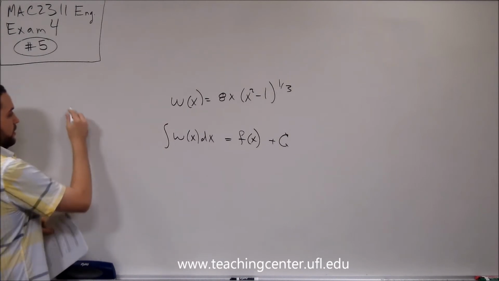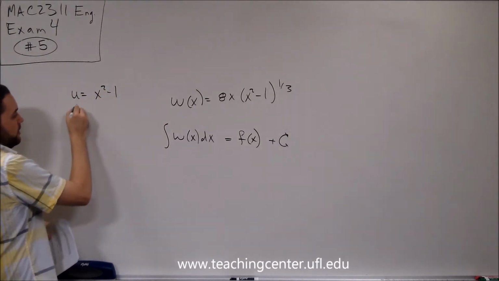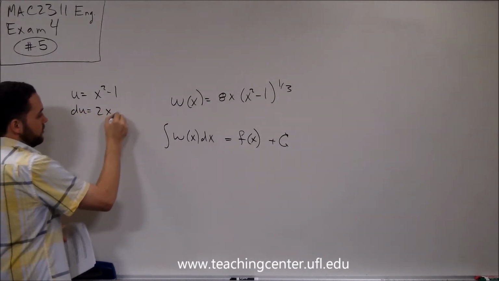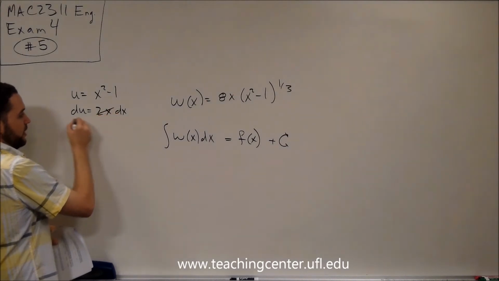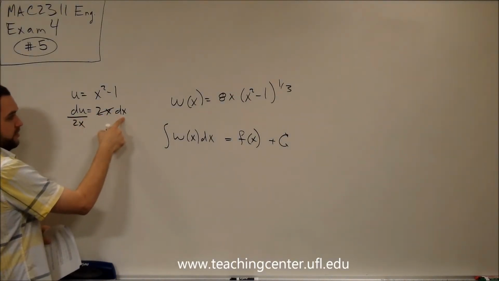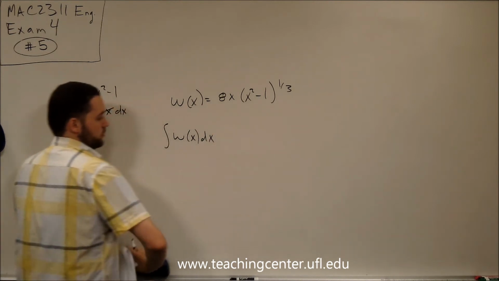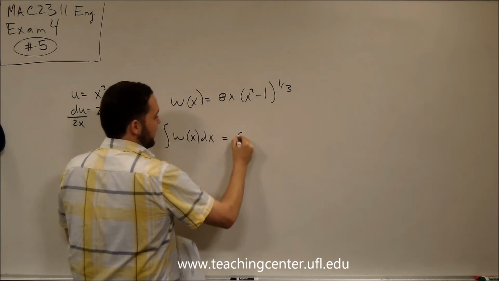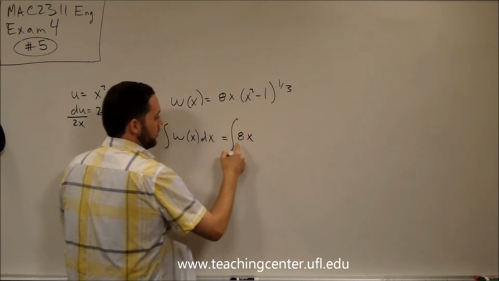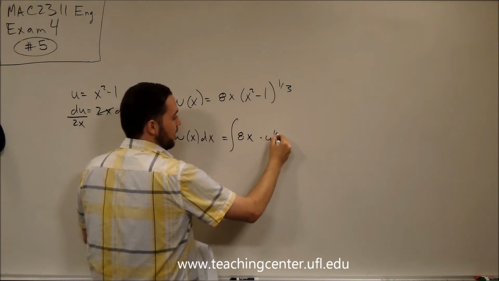So we can say that u is equal to x squared minus 1, meaning that du is equal to 2x dx. Then you can divide the 2x over, so now you know what dx is. So if we want to integrate this, it's going to be the integral of 8x, and this we set equal to u, so this is just u to the 1/3 power.